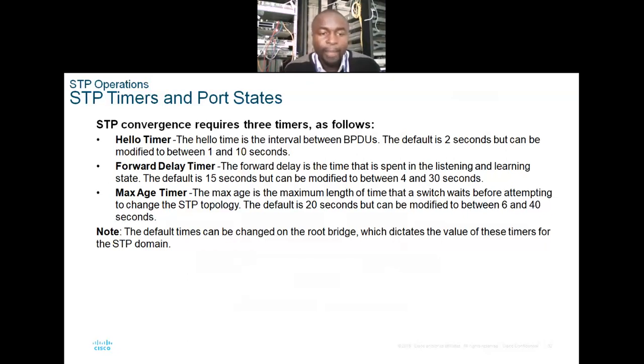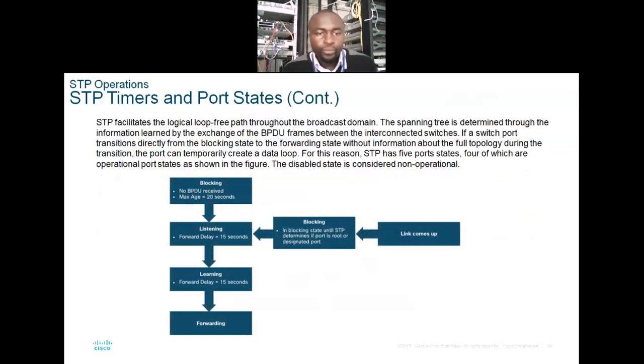All right, and the default is 20 seconds, even though you can adjust it between 6 and 40 seconds, but the default is 20 seconds. All right, so STP facilitates the logical loop-free path throughout the broadcast domain. The spanning tree is determined through the information learned by the exchange of the BPDU frames between the interconnected switches.